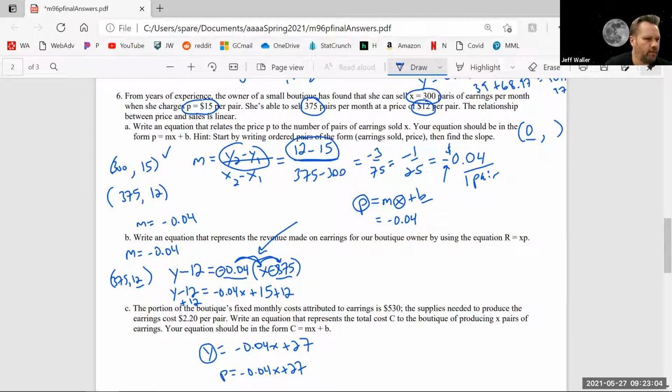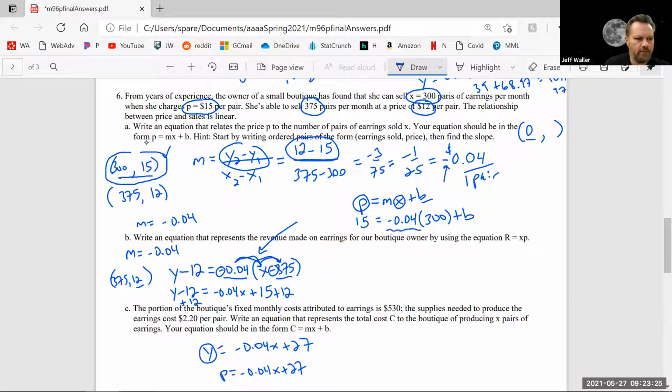So again, this time let's pick this point. It doesn't matter which point you pick. So isn't 15 the price, and isn't 300 the earrings in this point? Are you guys with me? This is kind of awesome. And then the only thing I don't know in this equation is B. All right.